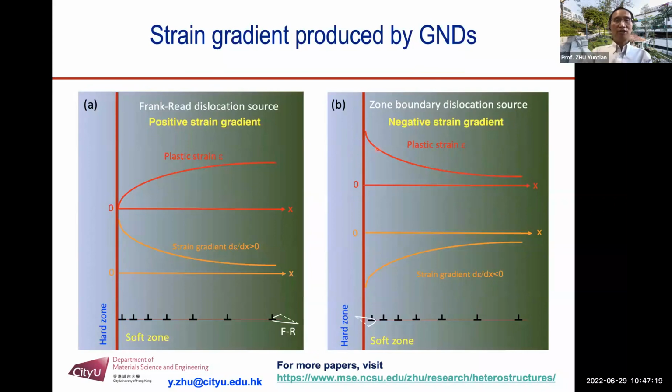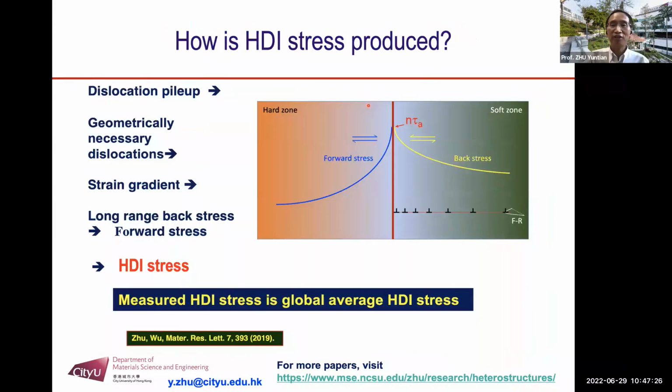The back stress also gives you a strain gradient, because the plastic strain is caused by the slip of dislocations, which means at the dislocation source you have the highest plastic strain. At the interface, where the dislocation has not reached, the strain is 0; where it has reached the interface, it is equal to this many Burgers vectors.